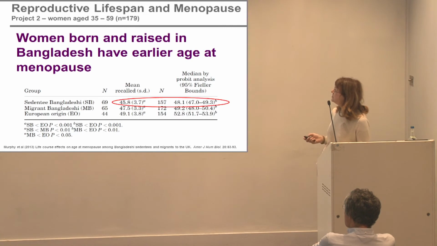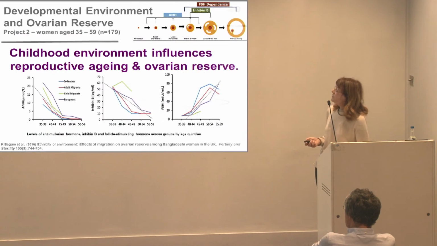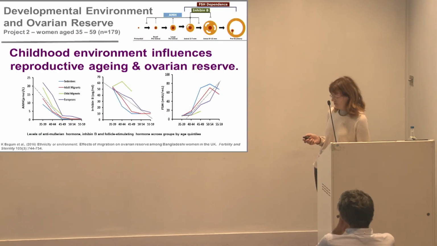And we did a probit analysis on age at menopause, and you'll see here that the age at menopause for women still living in Bangladesh was about 48 years, migrant Bangladeshis 49, and the white British women close to 53.